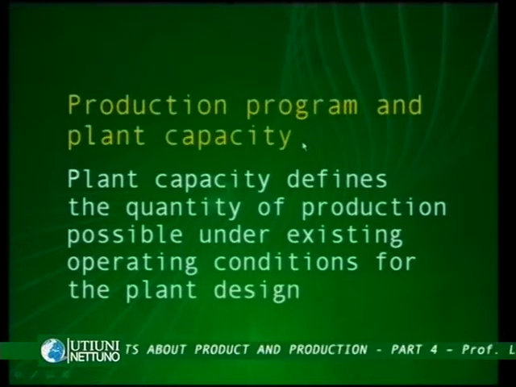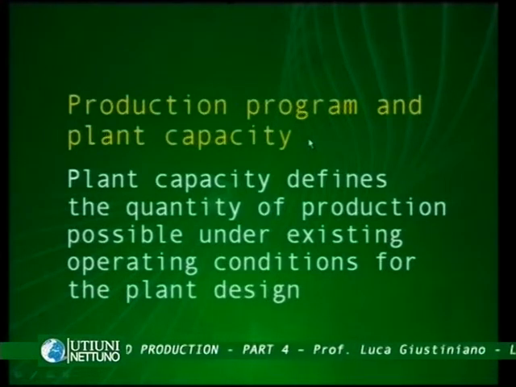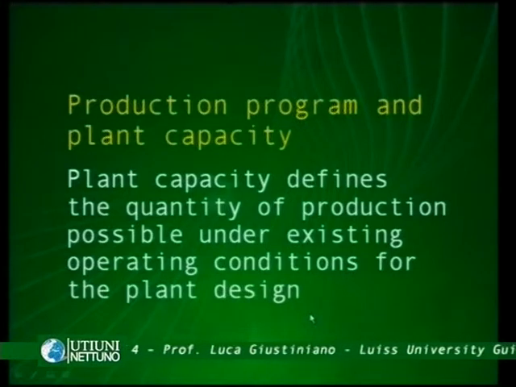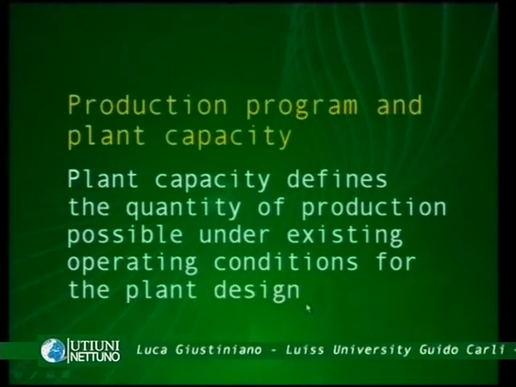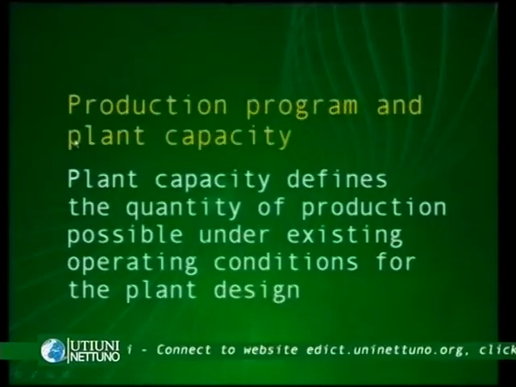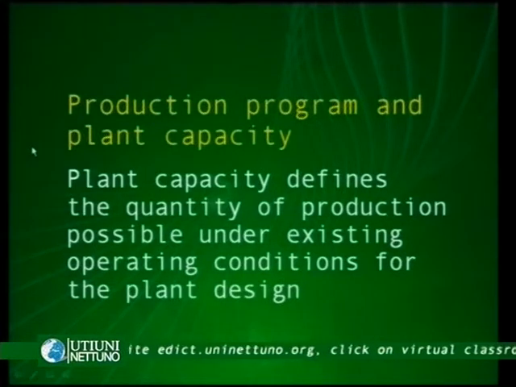The plant capacity defines the quantity of production possible under existing operating conditions for the plant design. So, the plant design again is fixing the nominal maximum capacity, whereas the operating conditions and the plant capacity are based on the feasible normal capacity.